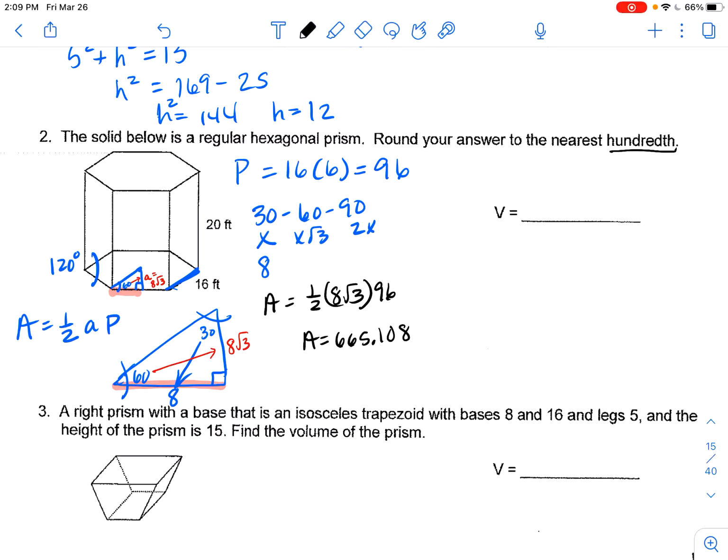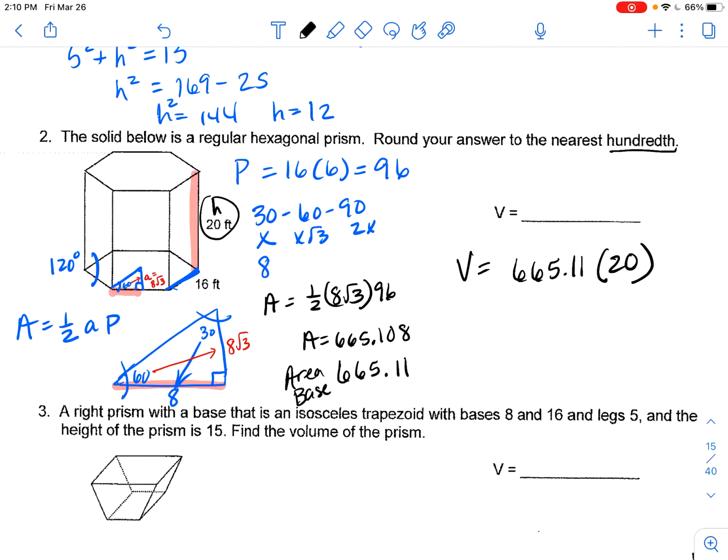This is rounded to the nearest hundredth, so that's 2 decimal places, so 665.11. So this is the area of the base. Then for volume, it's the area of the base times the height. The height is this guy right here. This is your height. So times 20, and that's going to be a big number.